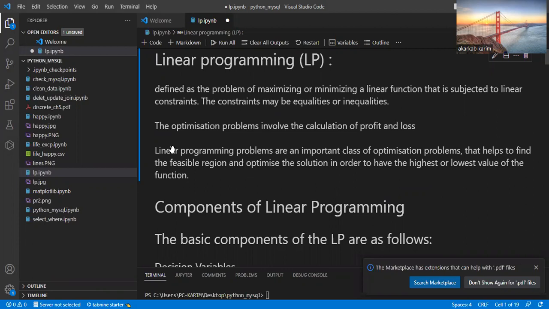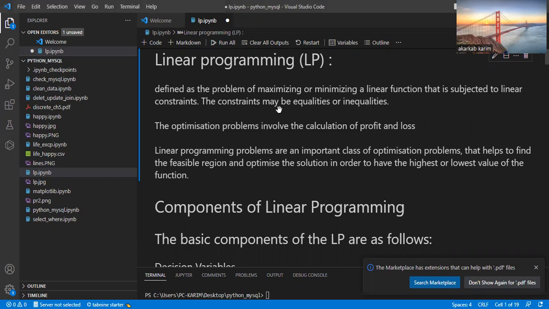So, linear programming is the problem of maximizing or minimizing a linear function that is subjected to a linear constraint. That means linear programming is used for solving problems of maximizing or minimizing a linear function. Okay, I will show you examples and I hope it will be clear for you.